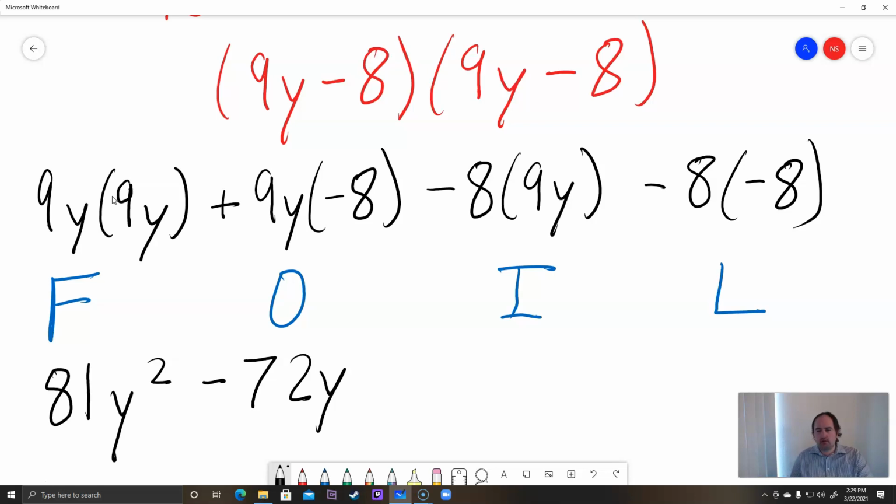For the inner, negative 8 times positive 9y is also going to be negative 72y. And then for the last, negative 8 times negative 8, well, two minuses makes a plus when you are multiplying or dividing. So those minuses cancel out and give you a positive 8 times 8, which is 64.